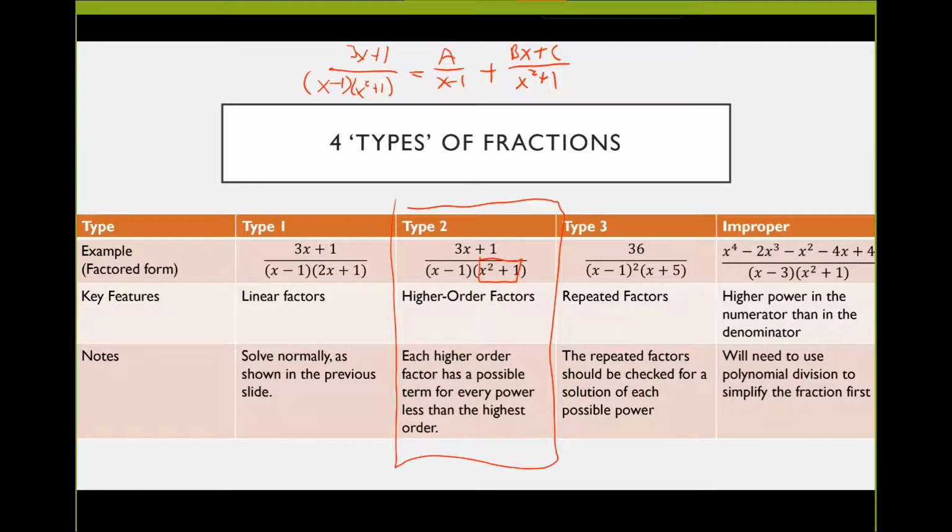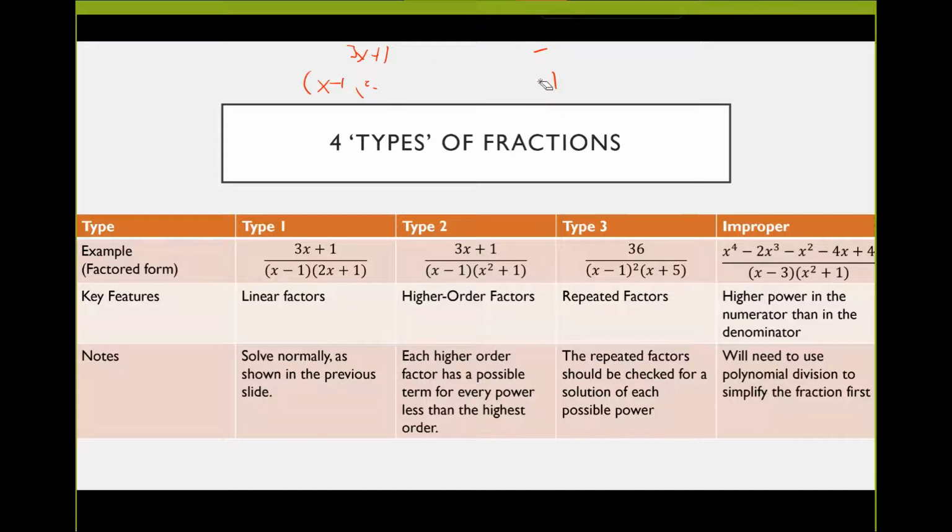Okay, then for repeated factors, or our type 3, where we have x minus 1 squared, so we're doing x minus 1 twice. And the repeated factors need to be checked for a solution for each possible power.